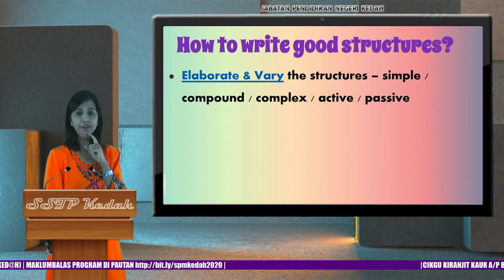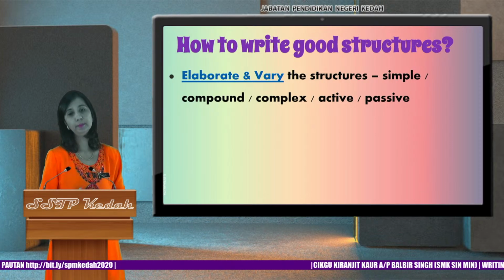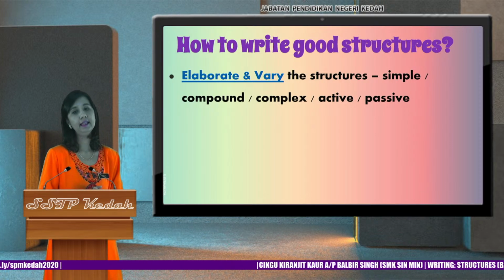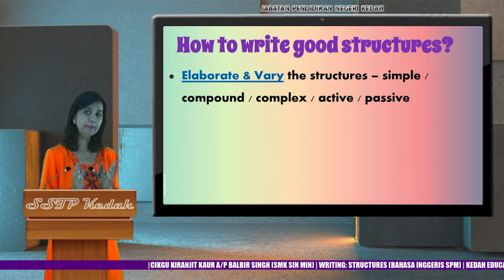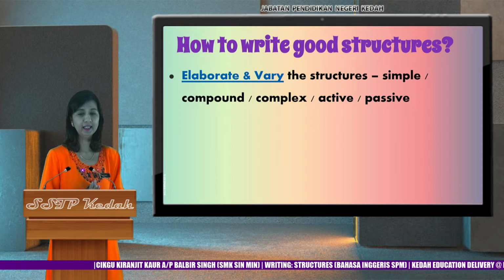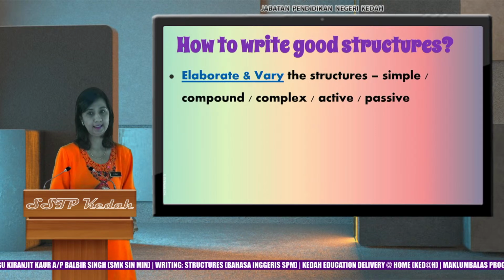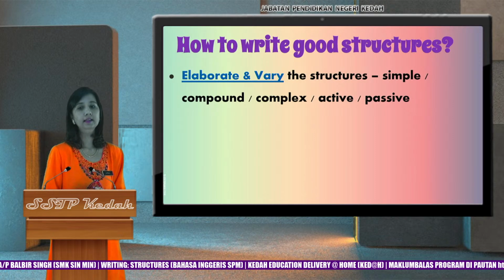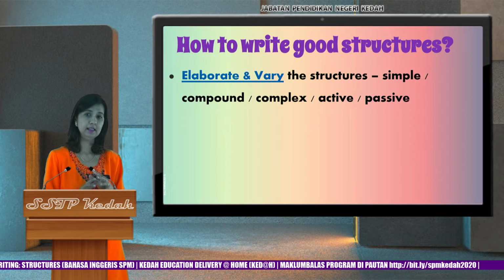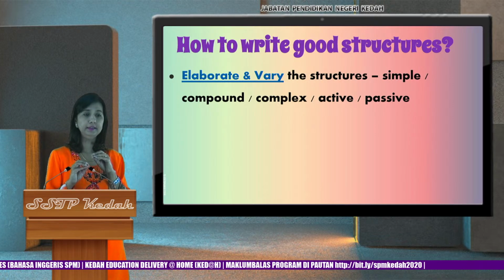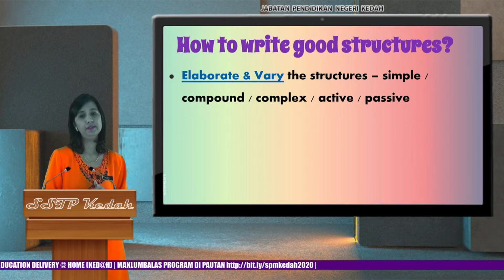Okay, number one, you need to remember that you have to elaborate on the content points. You must elaborate, but don't elaborate too much. Okay, if you elaborate too much, then it becomes very long and draggy, and you may not have time for the next essay. Okay, students? So you need to vary your structures. Vary here means use different types of structures, different types of sentences.